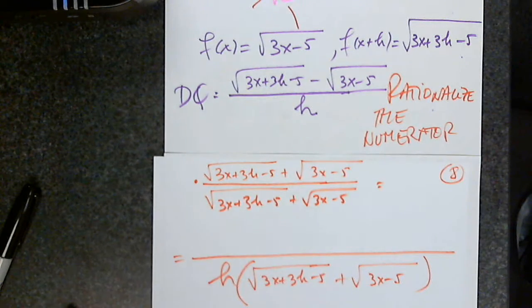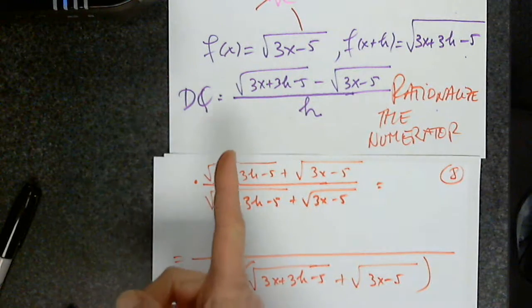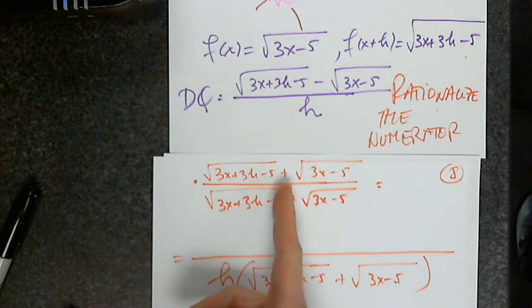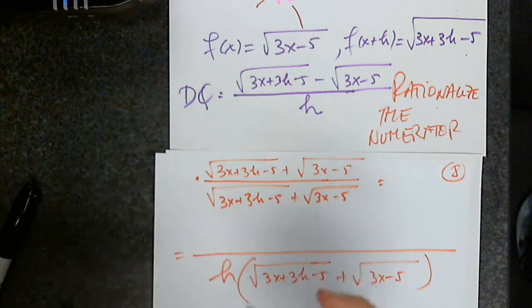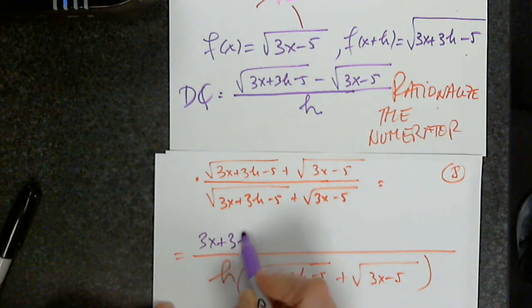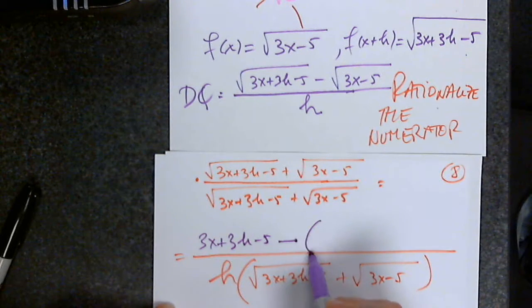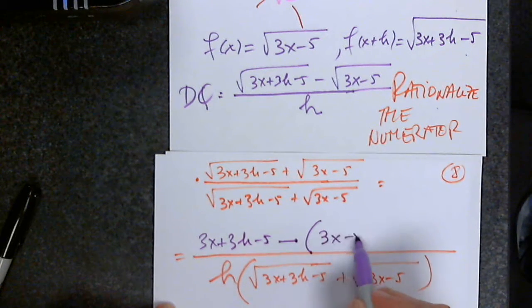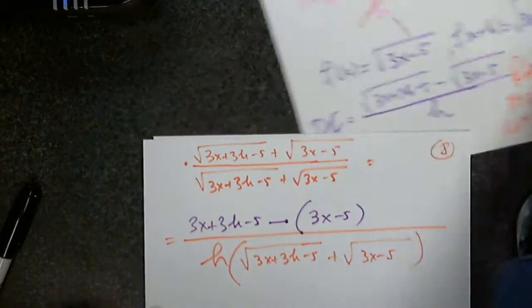So what do I write? a minus b times a plus b is a squared minus b squared. So a squared is 3x plus 3h minus 5, minus, you can put in parentheses so you don't forget, minus b squared, because I have to distribute negative 1.